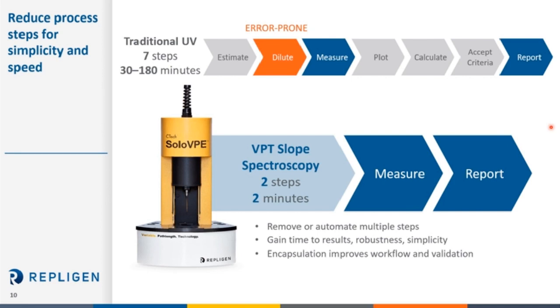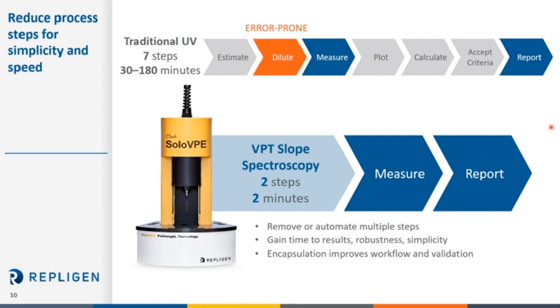A traditional UV process is usually defined by 7 steps, from estimation and dilution all the way through reporting, which takes anywhere from a half hour to 180 minutes, while the SoloVPE has been refined to a 2-step analysis, measure and report.